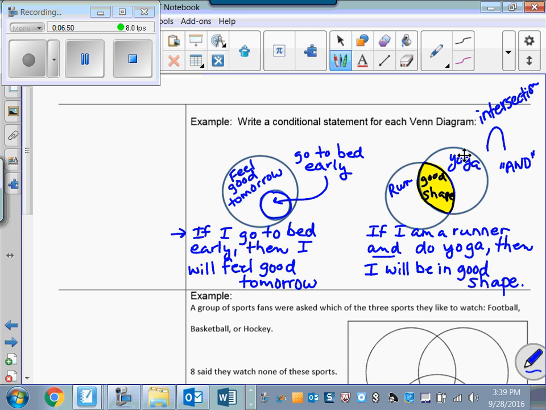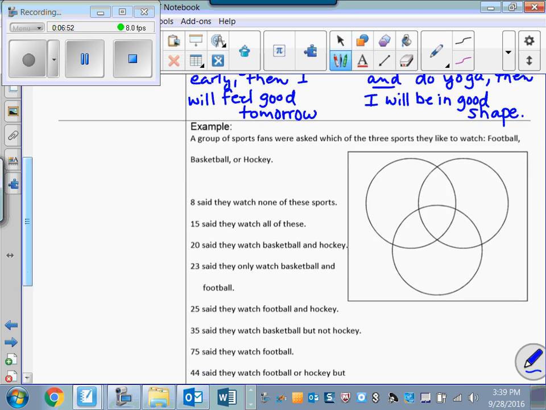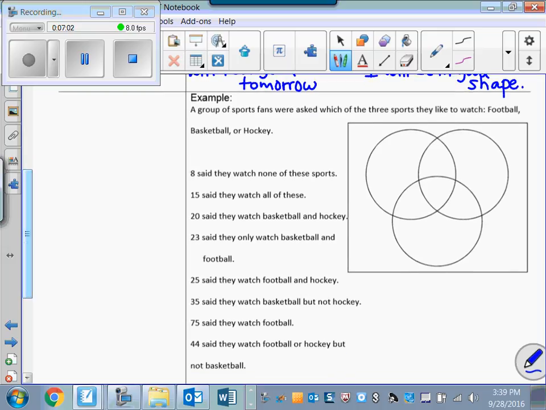All right, now here's a more complex Venn diagram, the kind that most of you have probably been familiar with, that has the 3 circles. I really think I would be better off to do this in class with you tomorrow. So I want you to take a stab at this, and I'm not going to fill it in on this video.